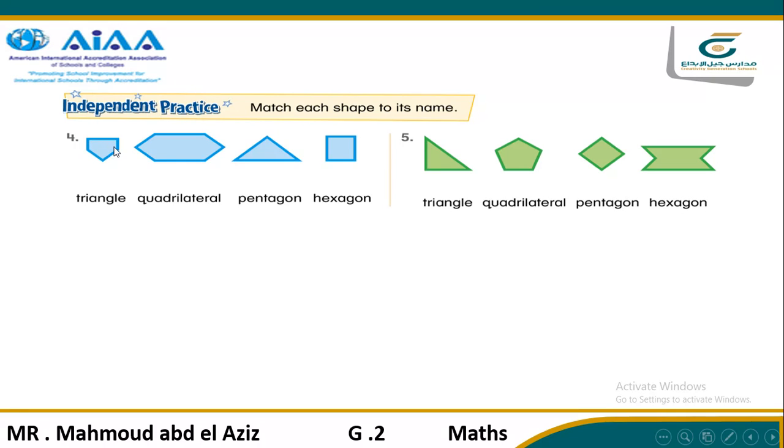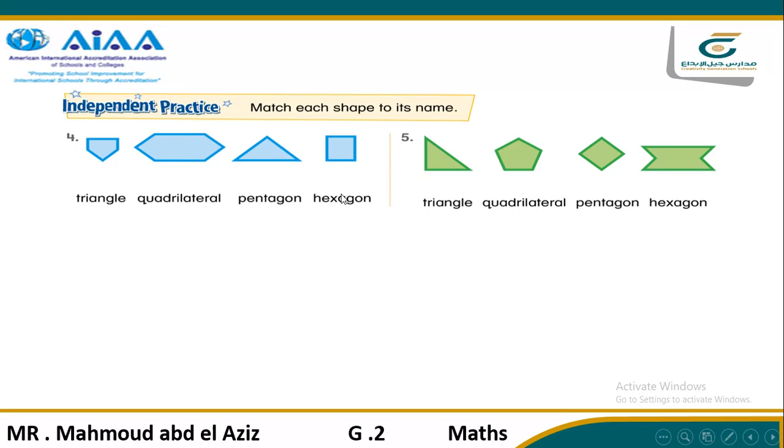So when you have 5 sides, it's what? Excellent, pentagon. The second shape here, how many sides do you have? 1, 2, 3, 4, 5, 6. So it's what? Excellent, hexagon.